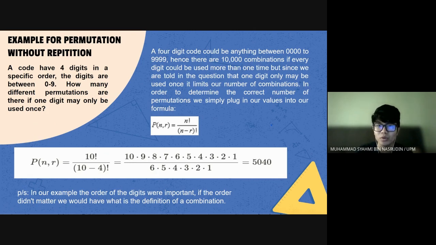But since we are told in the question that one digit may only be used once, it limits our number of combinations. In order to determine the correct number of permutations, we simply plug our values into the formula that has been explained by Alisa before this, which is n factorial over (n minus r) factorial. So based on this question, in our numbers from 0 until 9, we have 10 elements.